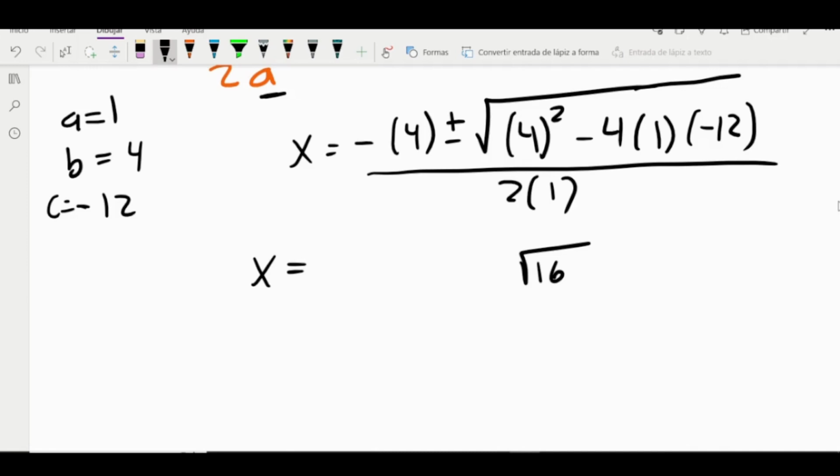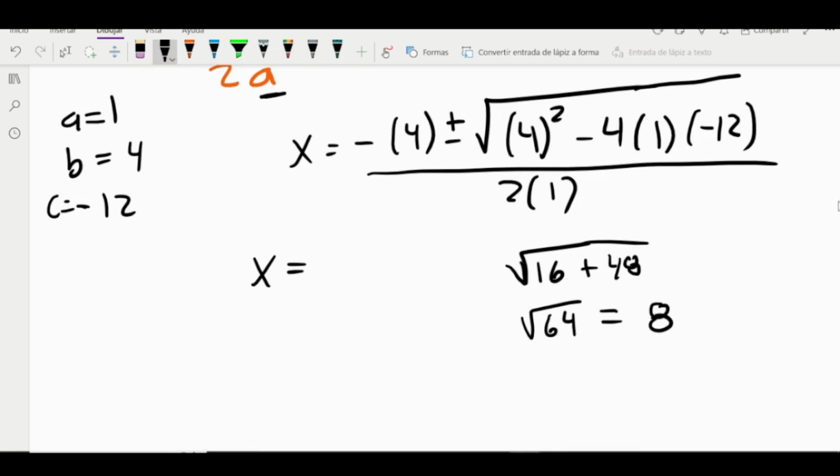Minus times minus is positive, so it's going to be 48. Then 16 plus 48 is 64, and the square root of 64 is 8.